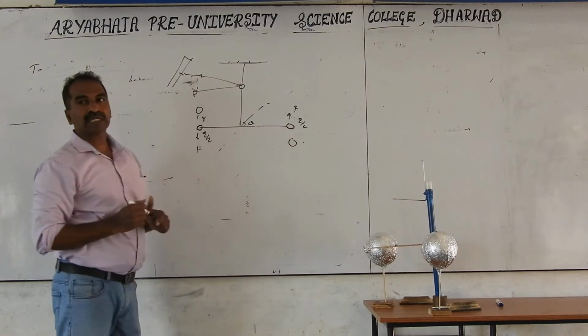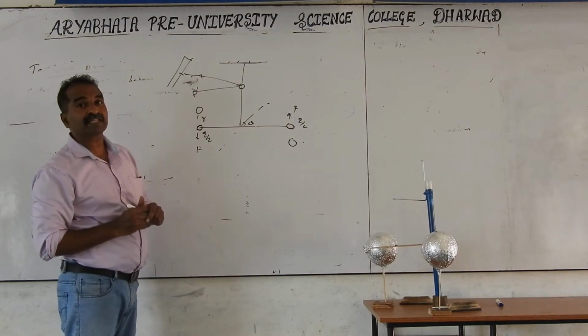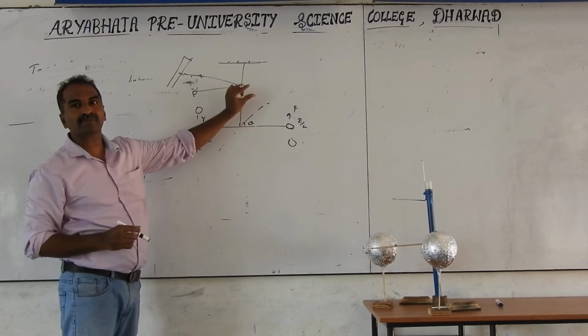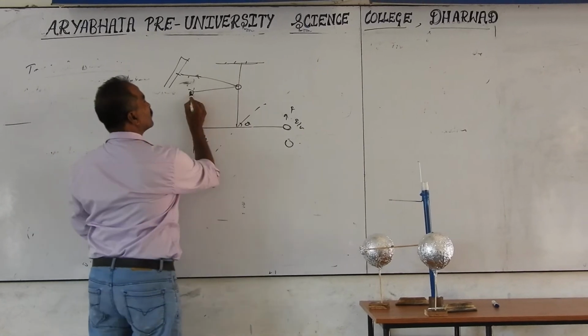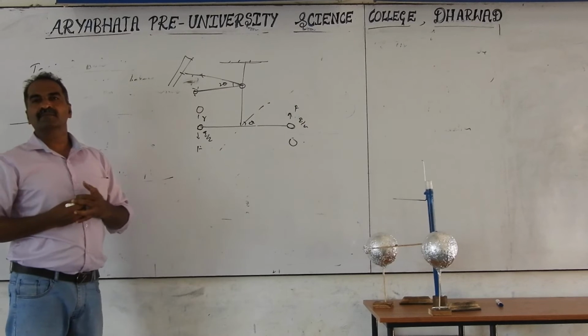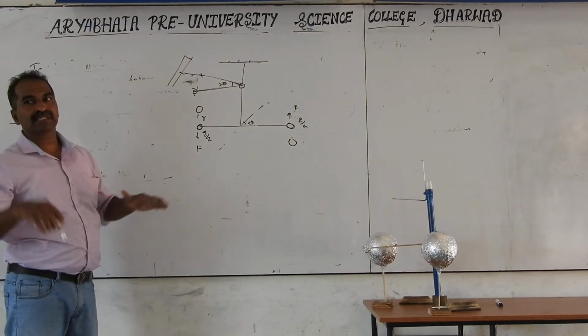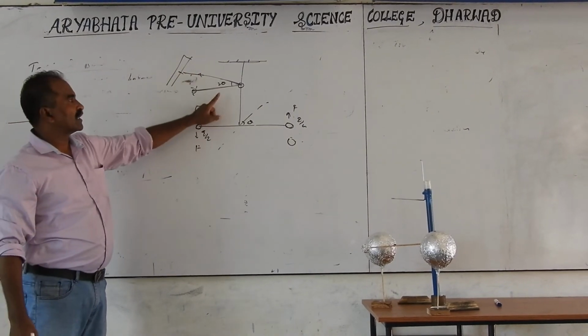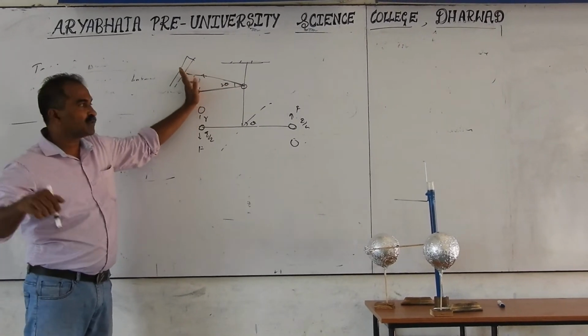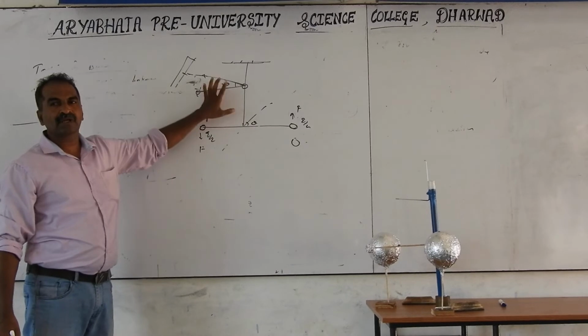By measuring how far the light moves on the scale, it is possible to measure the angle. Whenever the thread rotates by angle theta, the mirror rotates by theta, and the reflected light rotates by angle 2 theta. That geometrical calculation we will discuss later. By knowing the reflection on the scale, it is possible to know theta. That is called the lamp and scale arrangement.